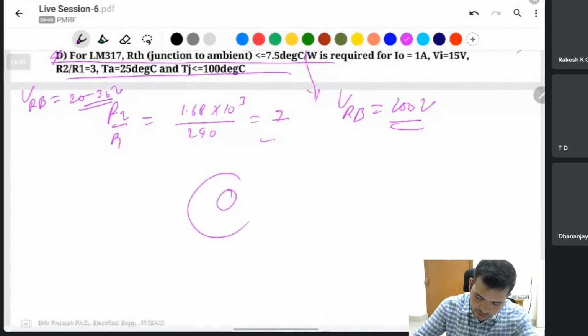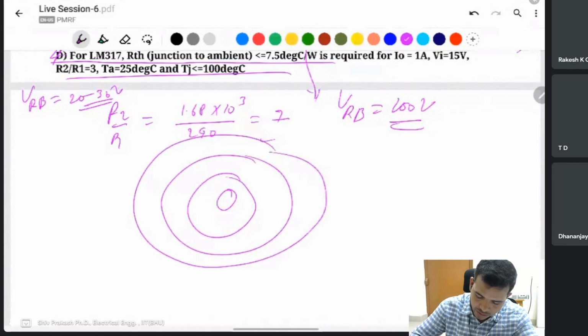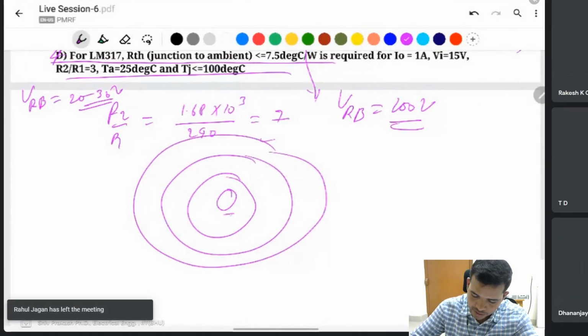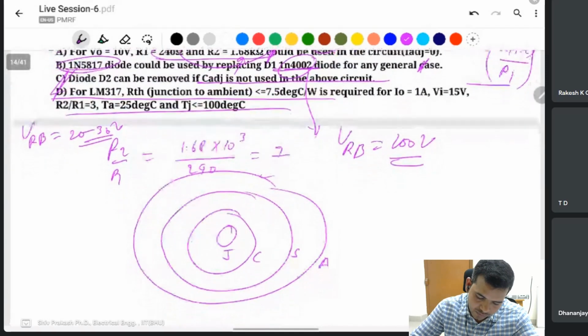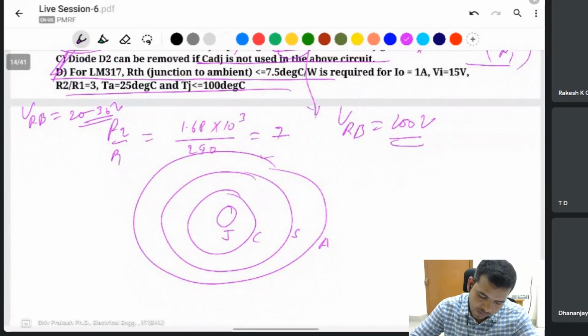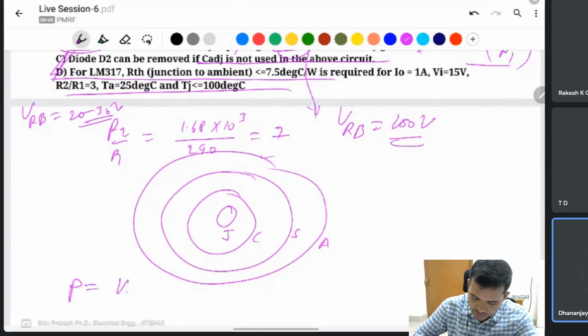So temperature is given. Junction temperature, junction to case, sink, ambient. First, to find the power, it is the voltage difference between input and output times the current flowing.